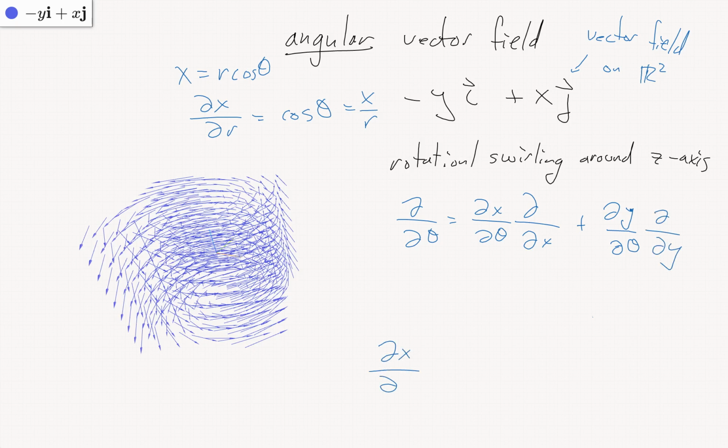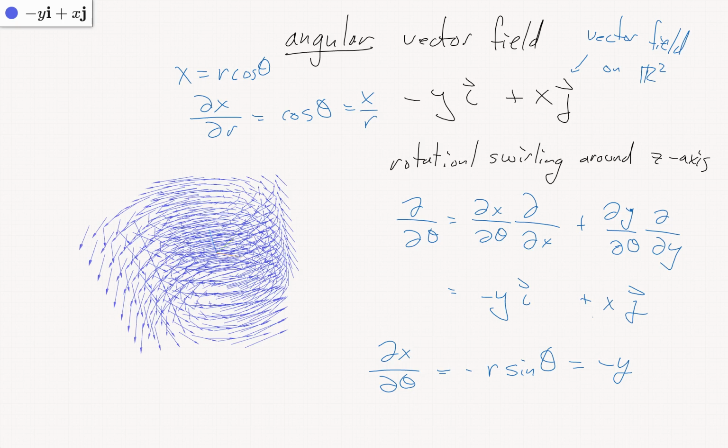Del x by del theta is negative r sine theta, which is negative y, and similarly, so this becomes negative y del by del x plus x del by del y, or again, these are sort of different names for i and j.